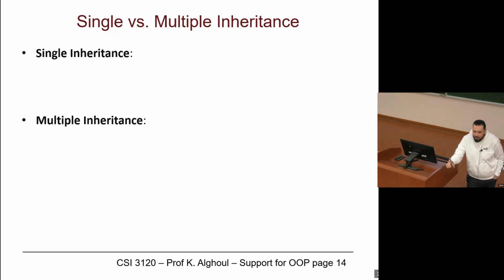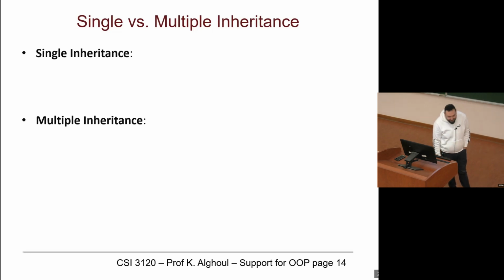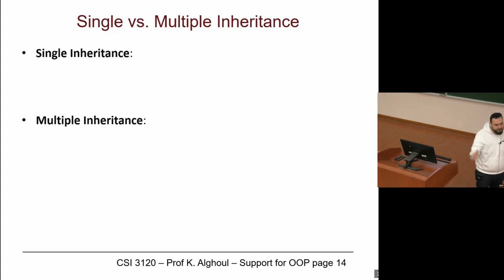Very good. They need to, but they try to block it. So actually, Java doesn't support multiple inheritance in a direct way. You can do it in an indirect way. We're going to see why, actually.